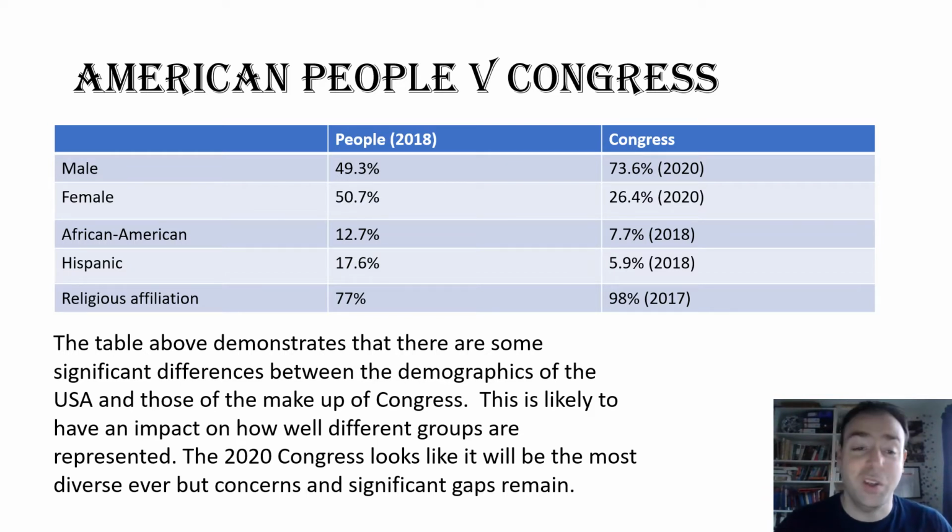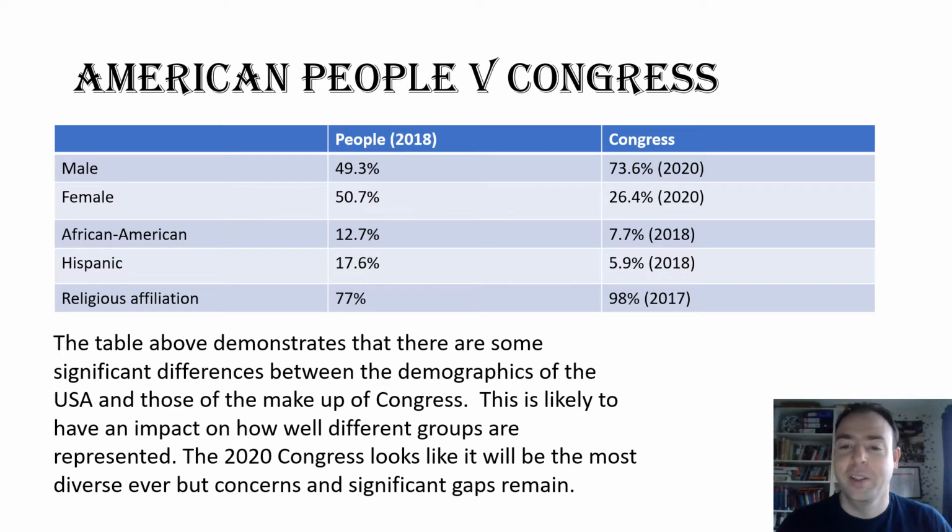Another really interesting one is on religious affiliation. The US Congress is far more religious than the population of America as a whole, in particular Protestants and evangelicals and Catholics. Whilst of the population only 77% claim to have a religious affiliation, in Congress it's 98%.